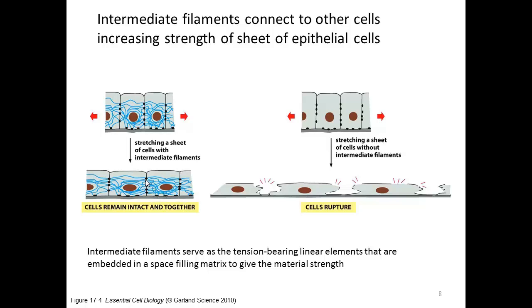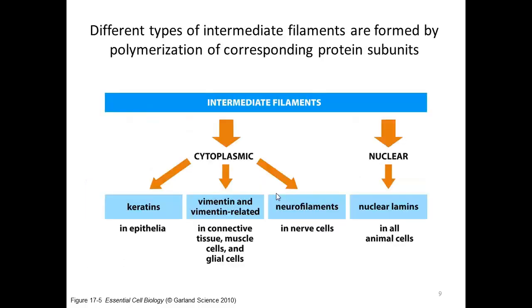As has been emphasized, there's lots of connections between epithelial cells in addition to fortifying the intact cell structure, and there are actually diseases that occur where these connections between cells are impaired, such as epidermolysis bullosa, in which just simple mechanical stresses, rubbing of skin, can cause large blisters where skin is just peeling off in sheets.